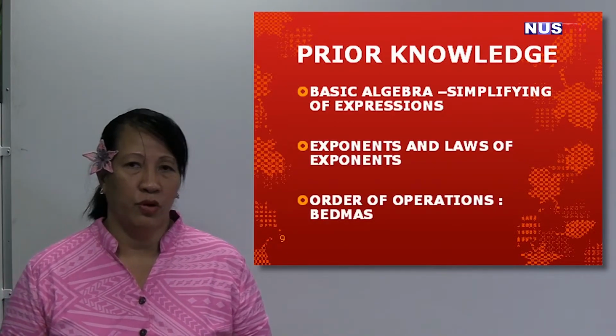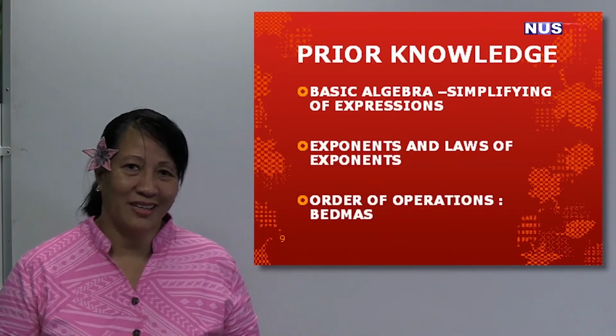In the next lesson, we will focus on surds and the laws of surds, linking to today's lesson. Before we get to the main learning outcome, which is on surds and simplifying surd expressions, we need to revise some prior knowledge.